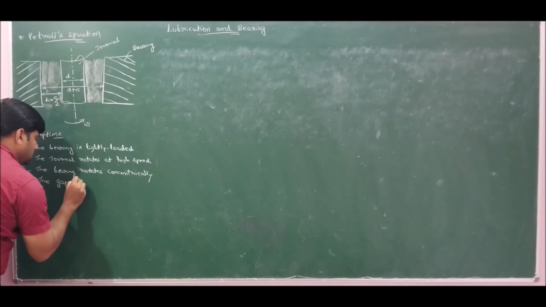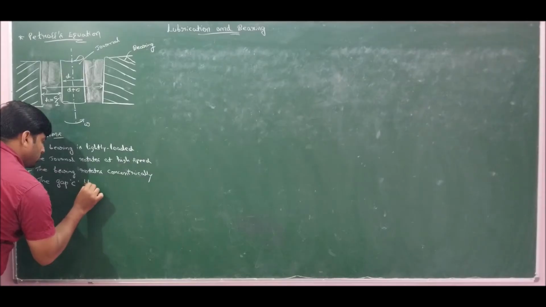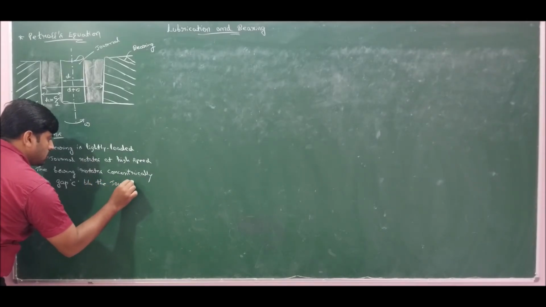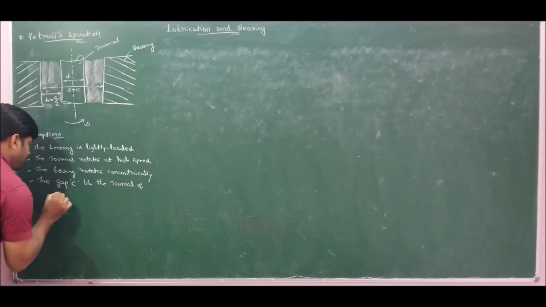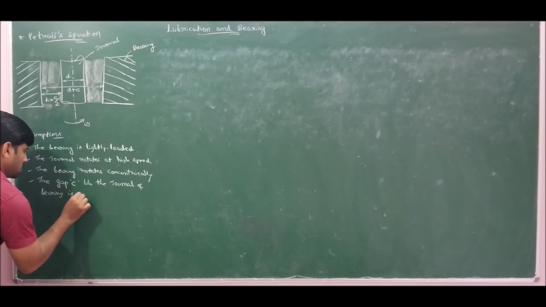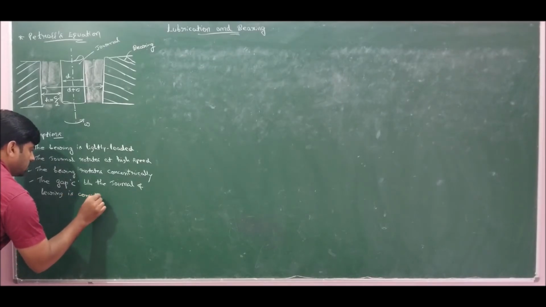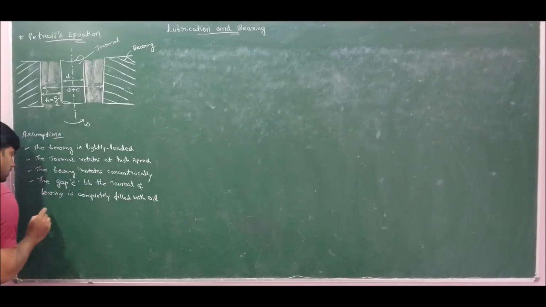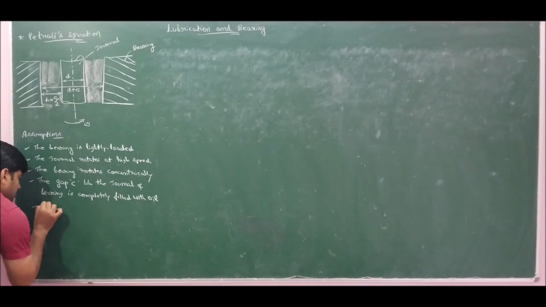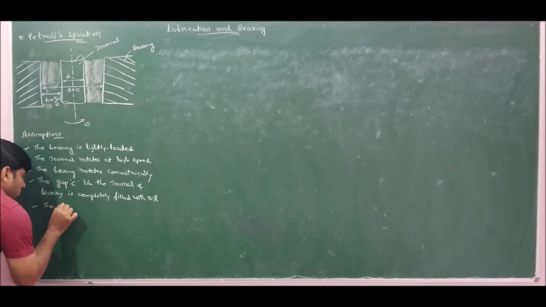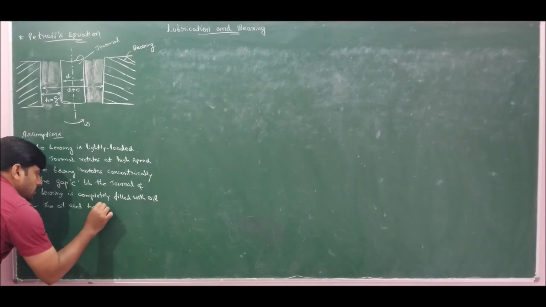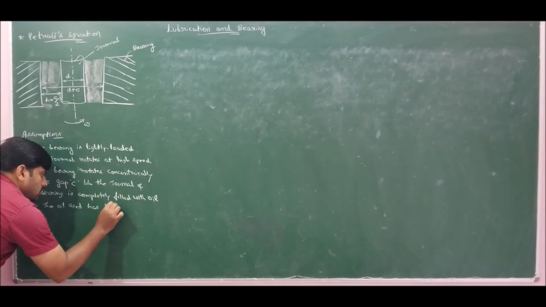The gap C between the journal and bearing is completely filled with oil. Next, the oil used has very high viscosity.